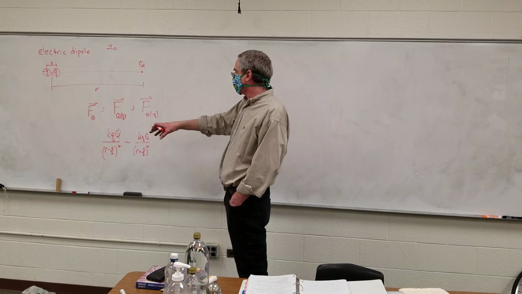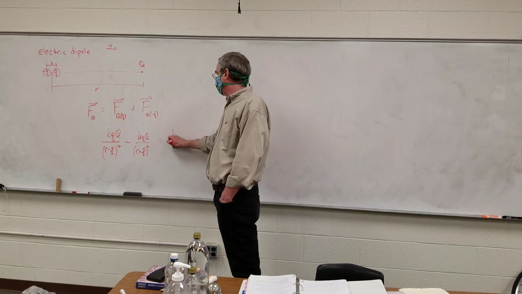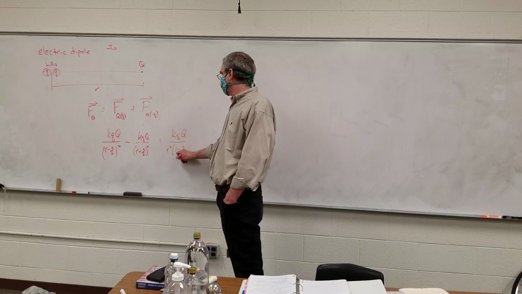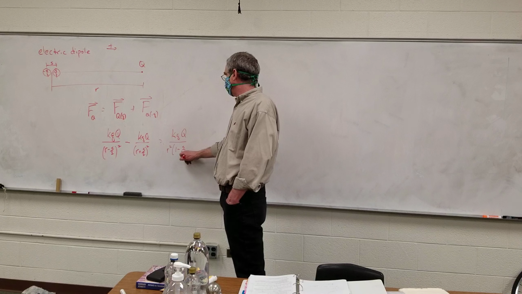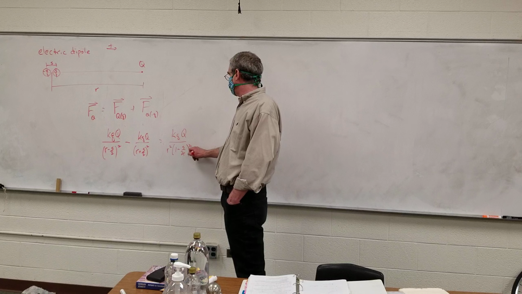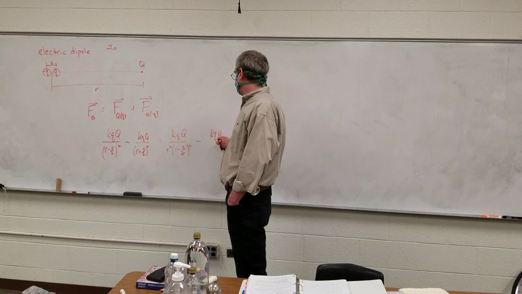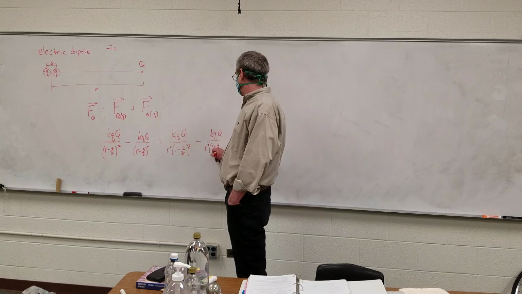I'm going to factor an R squared out of each of the denominators. So K little q, big Q over R squared, 1 minus S over 2R, squared, minus K little q, big Q over R squared, 1 plus S over 2R, squared.